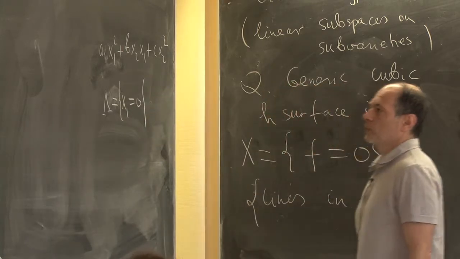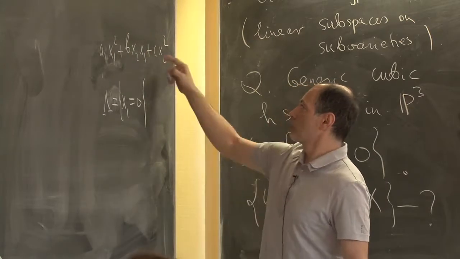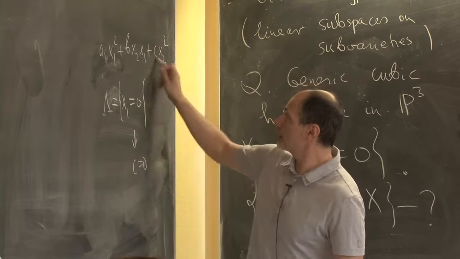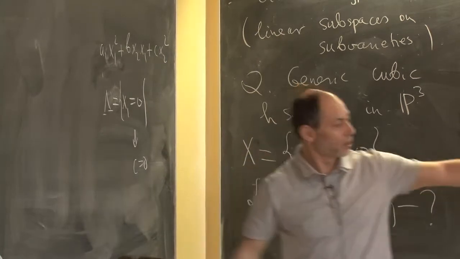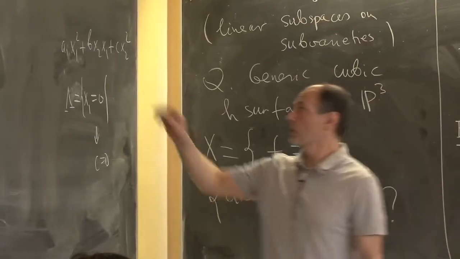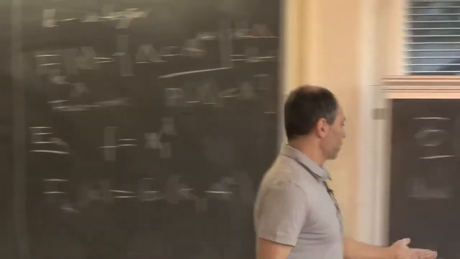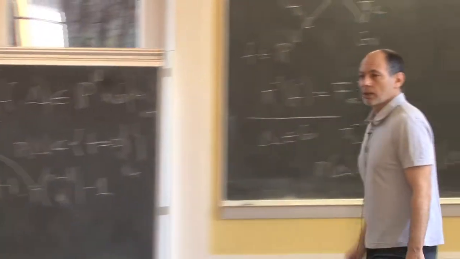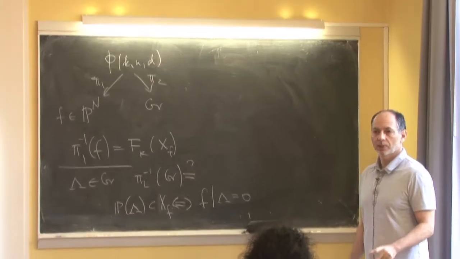Then if you restrict, it just means that you set these terms to 0, and this just means that c equals 0. This c is in this P^N, which collects the coefficients of the generic degree d polynomial, and it's just a linear condition on the coefficients. Is this clear?